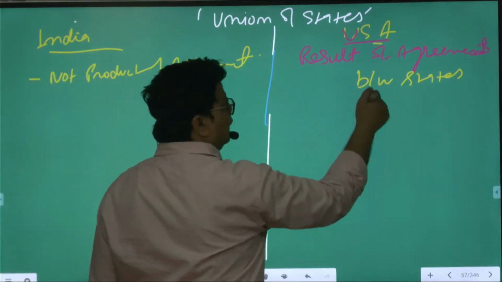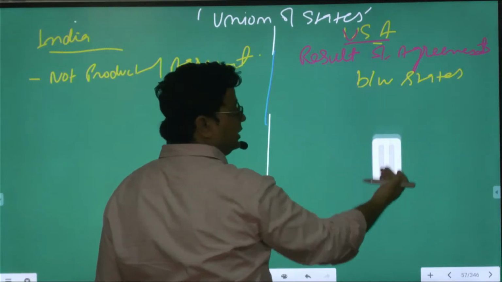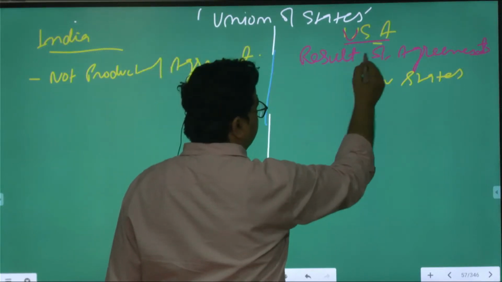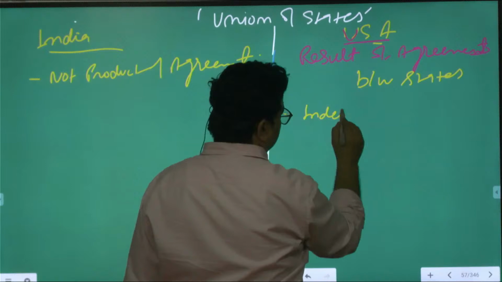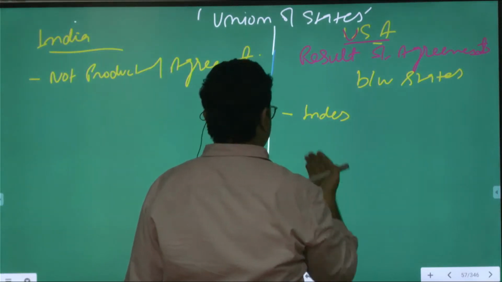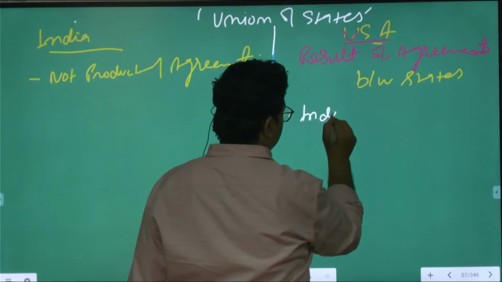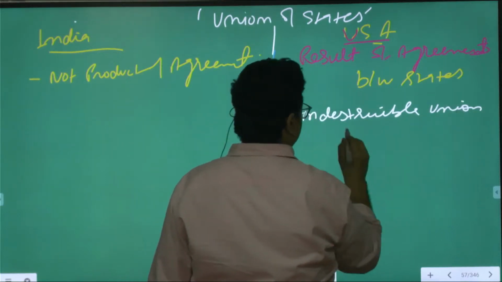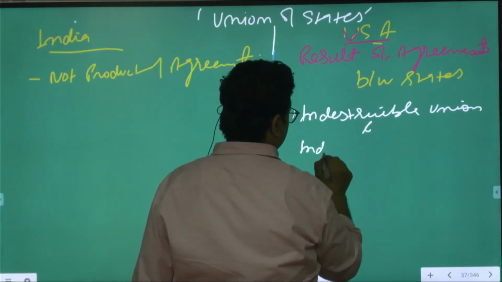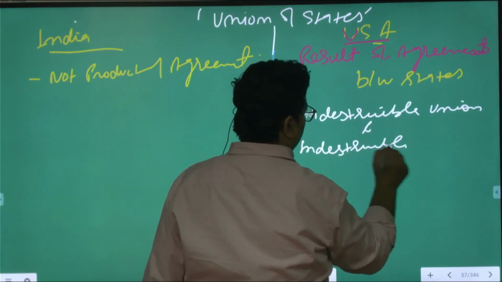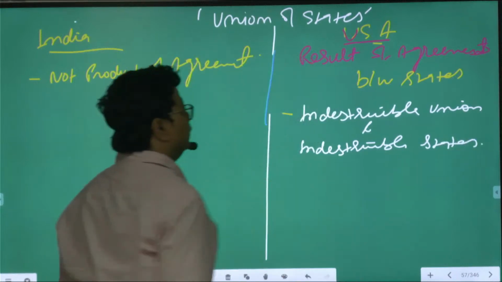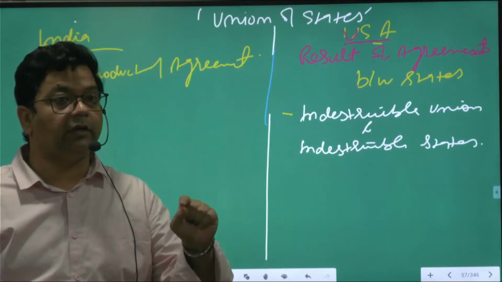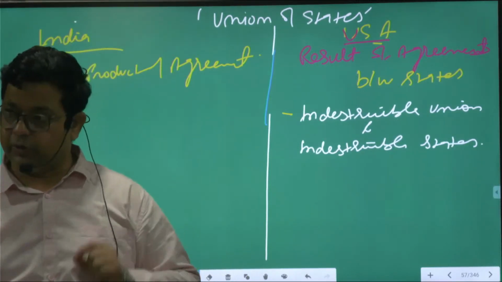It means they have decided that we will be together, and through this they have also decided that the union of states in USA is an indestructible union with indestructible states.